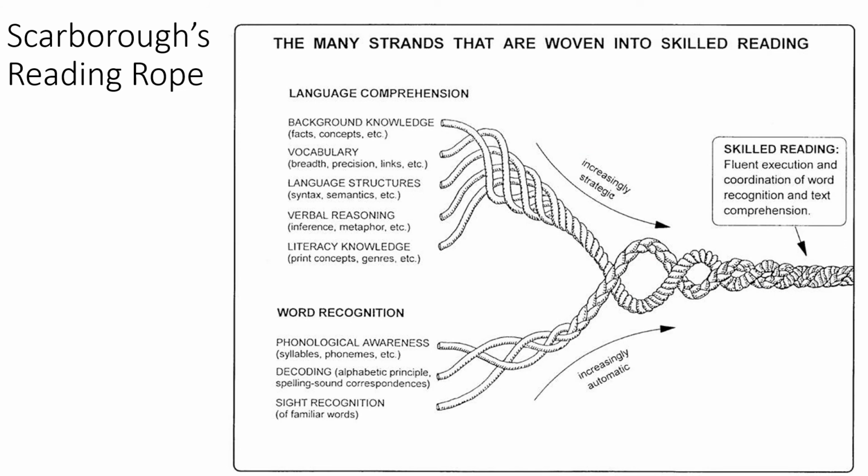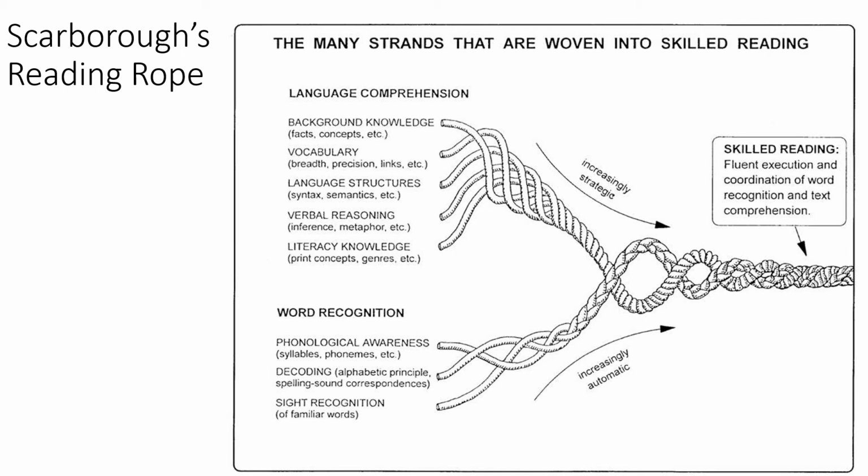Before we move on, I want to just take a moment to break down Scarborough's reading rope. I've included this graphic so that you can see each strand, and notice that in parentheses it's going to have a little bit of a definition or an explanation for what that is. Notice that this top strand has to do with language comprehension: the background knowledge, vocabulary, language structures, verbal reasoning.